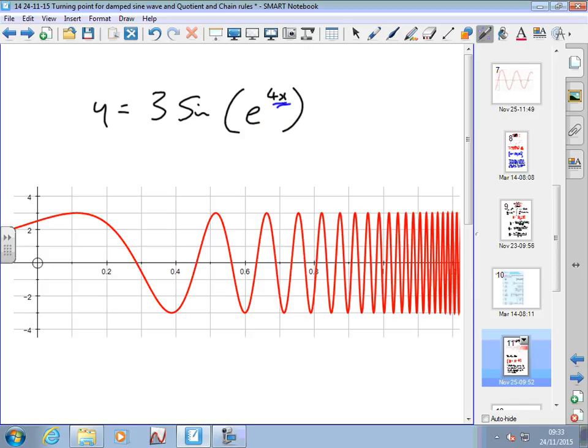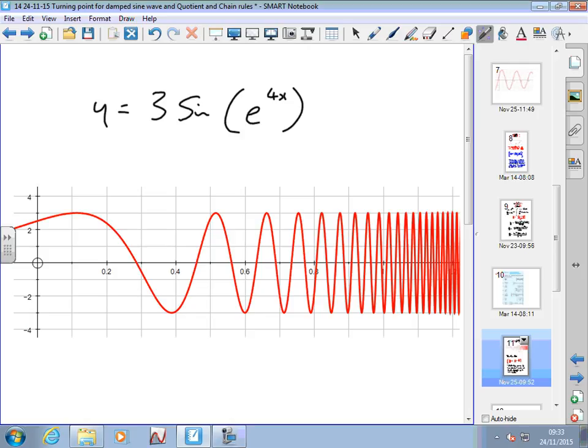So that's the function. And then once I've done that, I'm going to apply another function to that answer. So it's a situation where I've got one function inside another. And that tells me this is an example of something which is going to need a chain rule to differentiate.